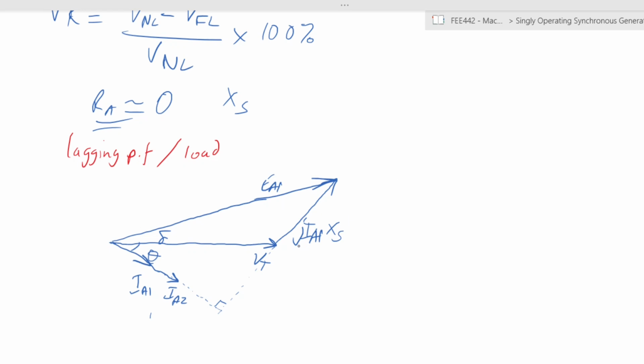The value of jI_A X_S will have to increase, so its magnitude will be longer. The magnitude of this voltage drop, jI_A2 X_S, is more than the value of this voltage drop here.